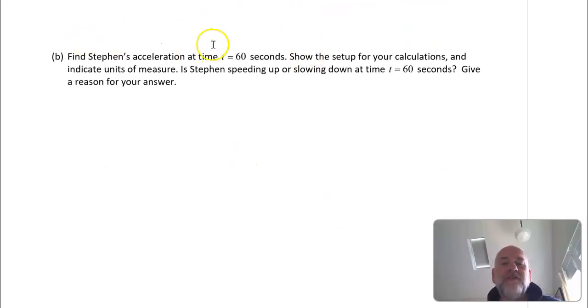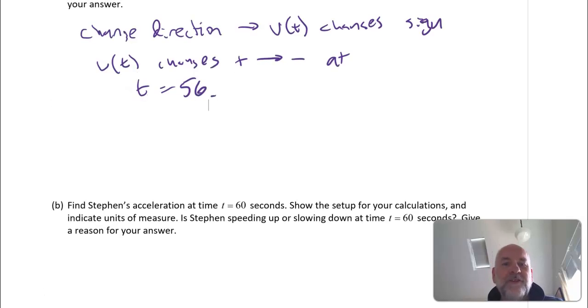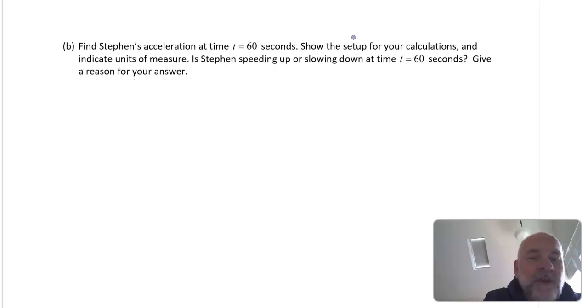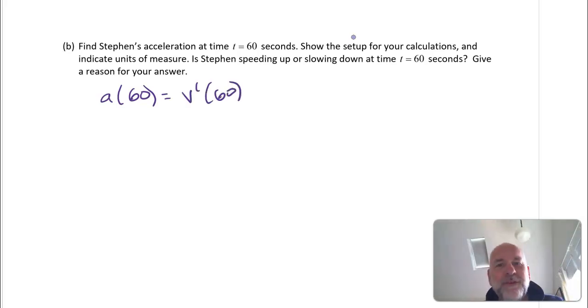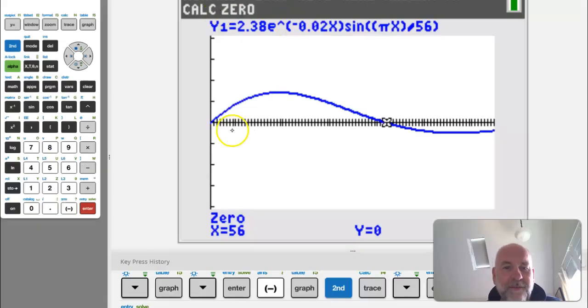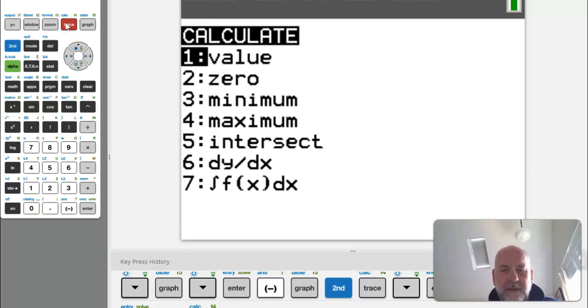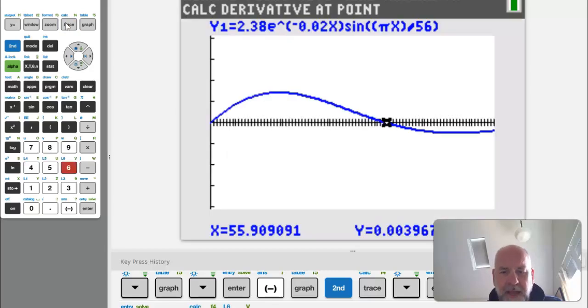Find Stephen's acceleration at time 60. So many students were finding the derivative of this function, which is totally right. And you had to make that connection that we're trying to find a of 60, which is the derivative of velocity at 60. But I already have a derivative function up above, so I don't need to do this by hand. I can instead just go to the graph. And where do I want it? I want it at 60. Okay, calculate the derivative at 60.